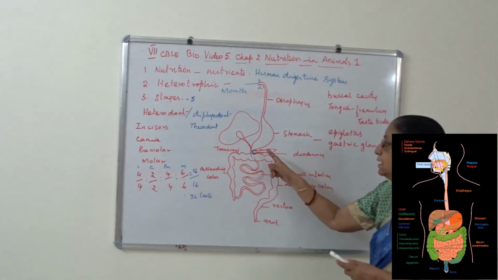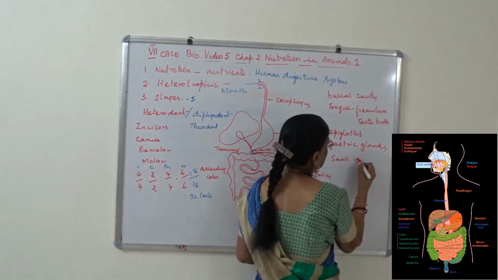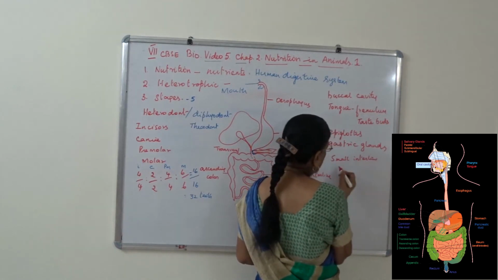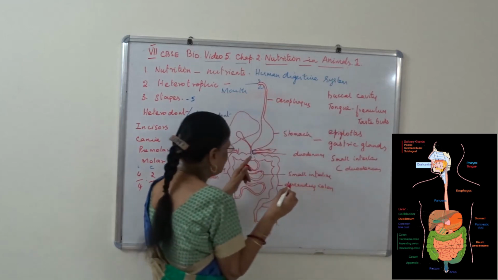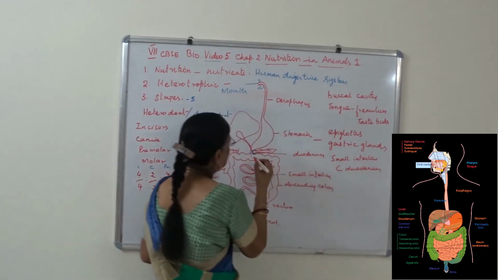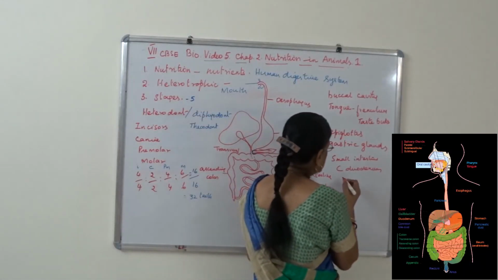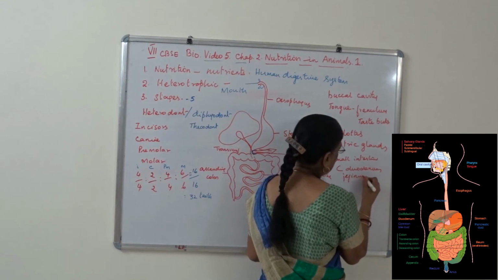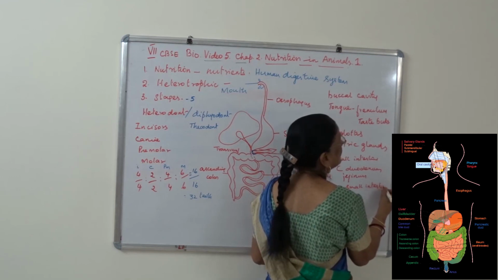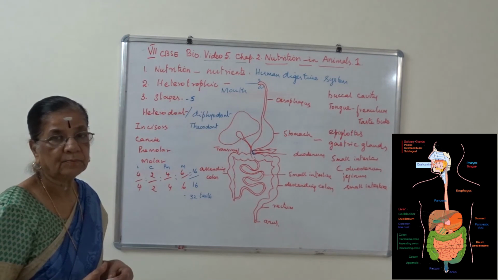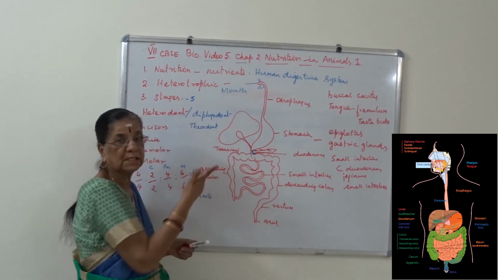And the continuation is the small intestine, which in turn is formed of the C-shaped duodenum, then the jejunum, and then the small intestine proper. I hope you follow.